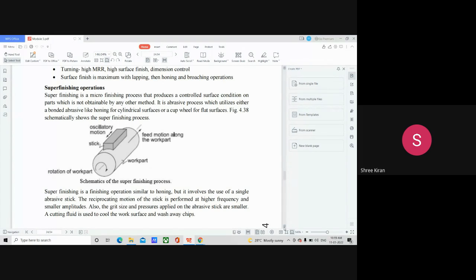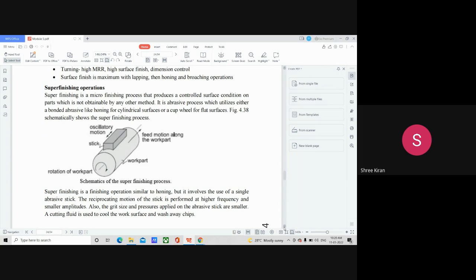In super finishing, it is mainly a micro finishing process that produces a controlled surface condition on parts which is not obtainable by any other method.